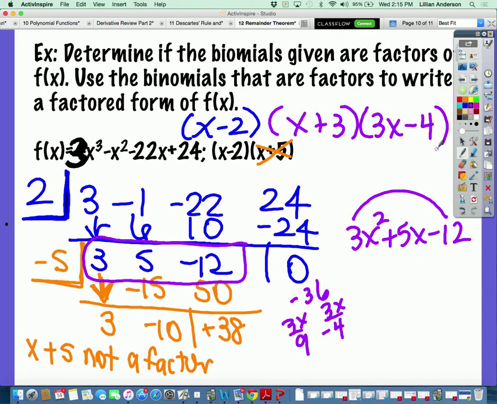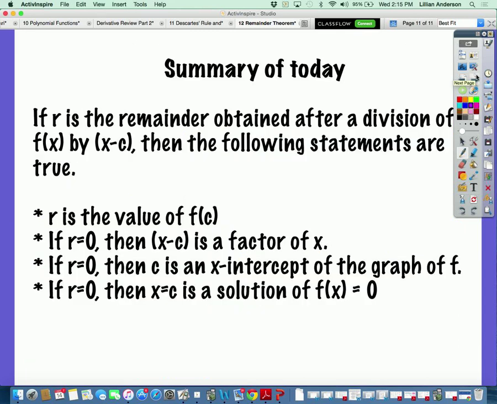So remember, if we had a remainder of 0, then that meant that the 2 in this particular example was indeed a 0 of the function, because technically we set this factor equal to 0 and solve, right? So that means that 2 would be a 0, just like x minus 2 would be a factor. The other two key pieces of information is that if your remainder is 0, then we know that it is a solution for our function. And then, of course, the remainder is what you get when you plug in the value of c into your function. And that is our summary for today.